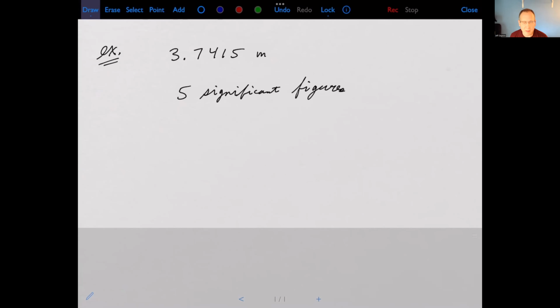Now remember, we also learned that if you have zeros that are ending and written to the right of the decimal point, those are also significant. So for example, say 7.310.